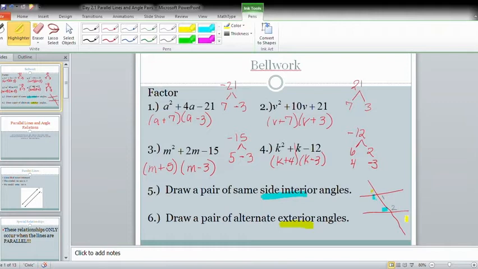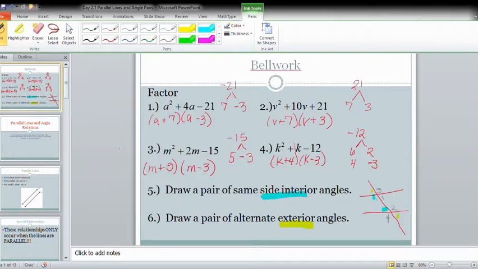So if this is one of our angles, then our opposite alternate angle is going to be over here. Again, if we were going to do the other pair, we would be looking at angle 3 and angle 4 would be alternate exterior angles.